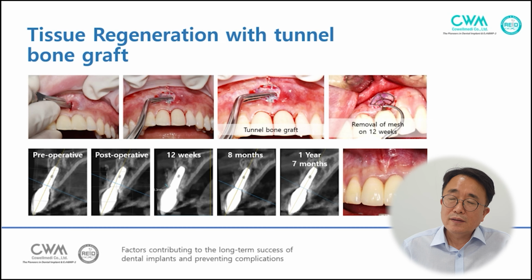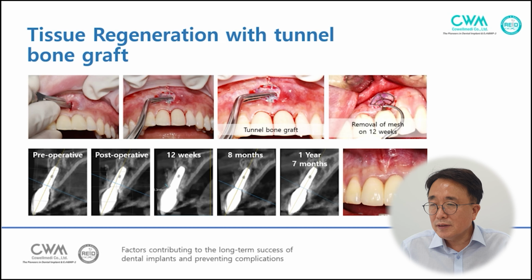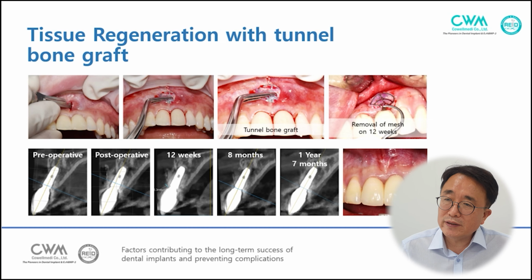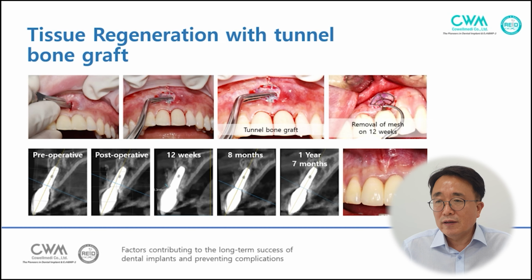And 12 weeks after the graft, the mesh was removed. And I checked it at 1 year, 7 months. The buccal bone was regenerated and maintained. So this GBR was successful.